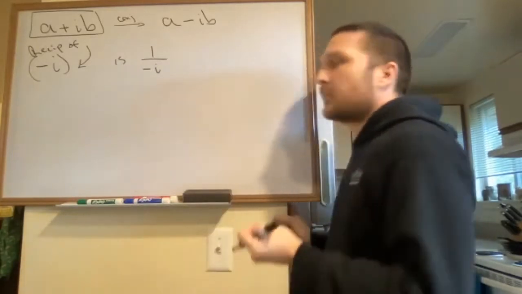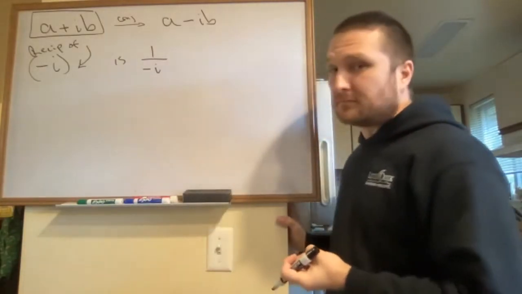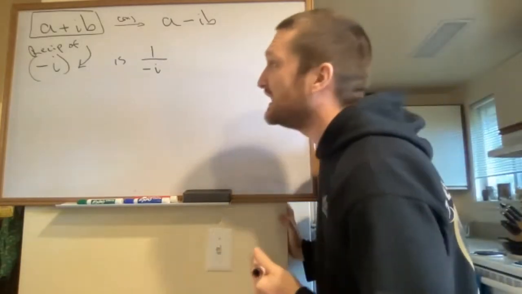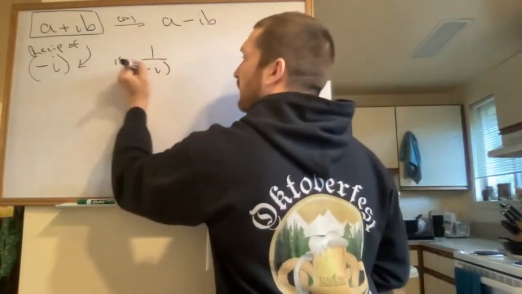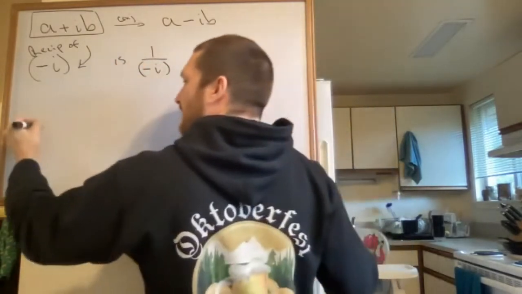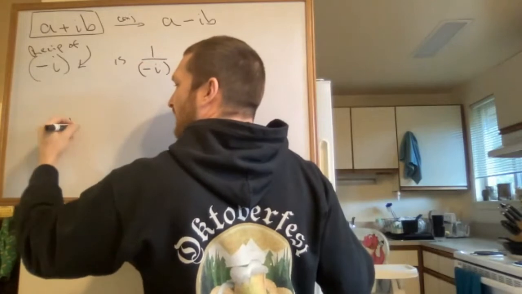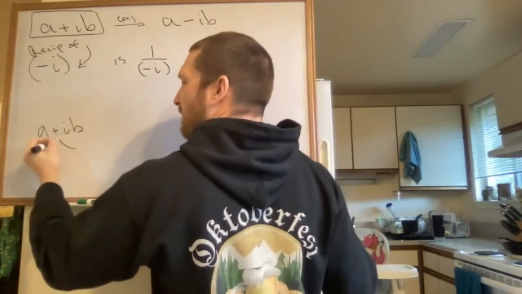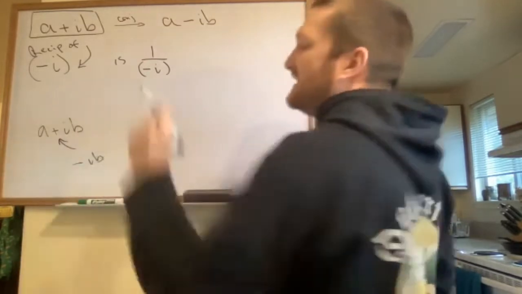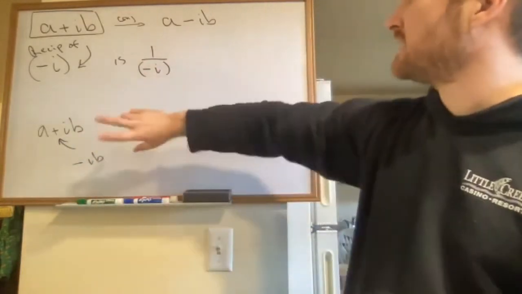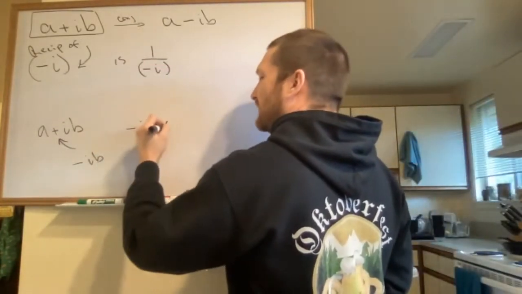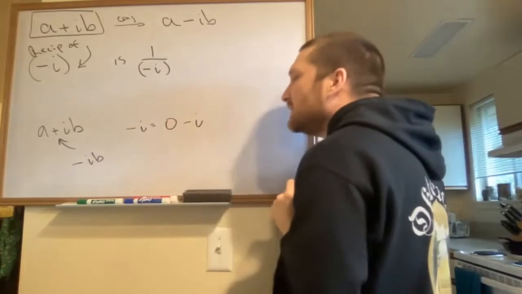So we could be creative here if you want. You could multiply the top and the bottom by anything you want. And just notice, if the reciprocal of something is you make the imaginary part negative, and if it's negative, you make it positive, you could say, well, negative i is equal to 0 minus i.